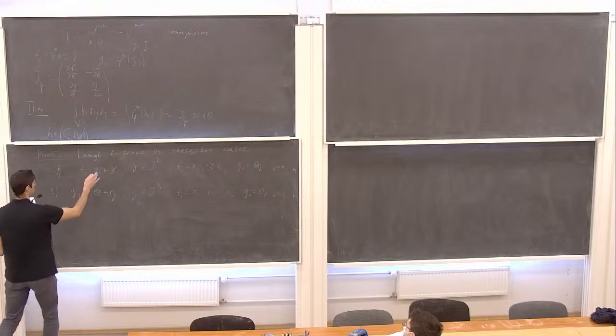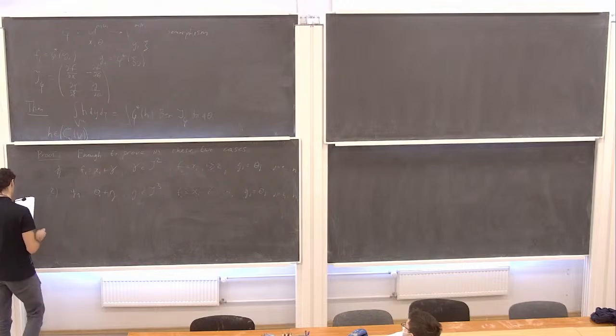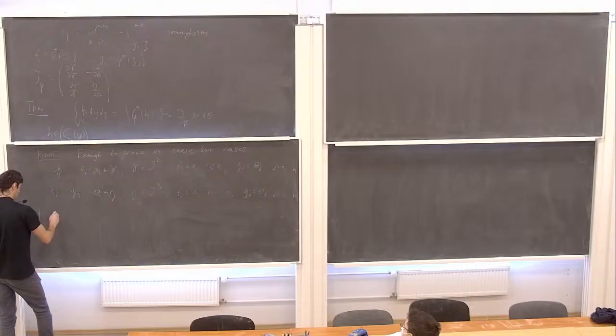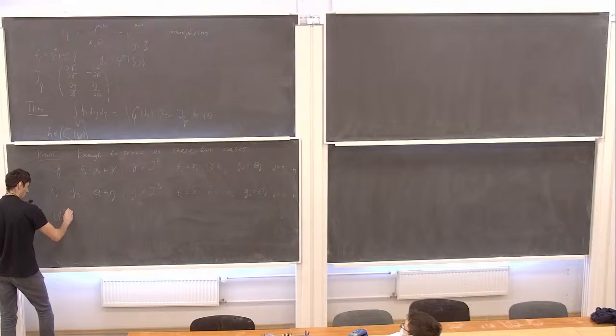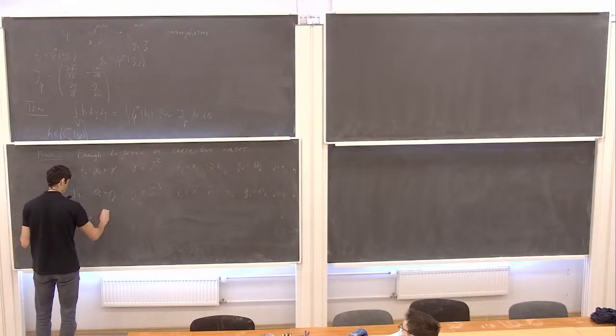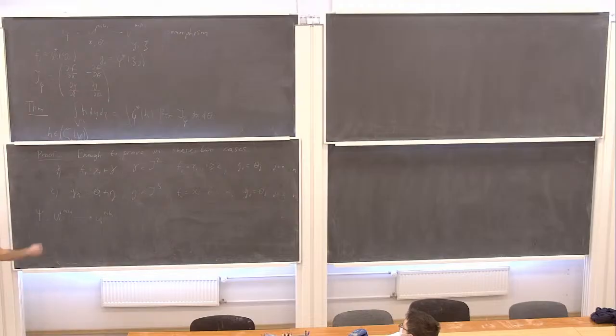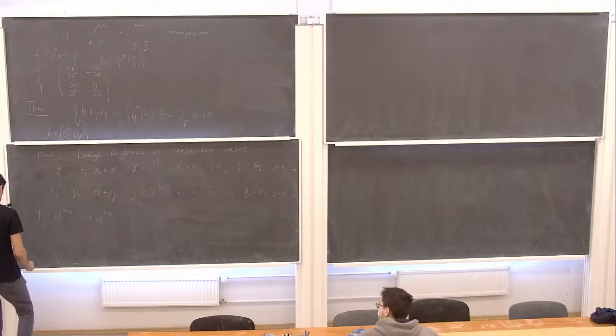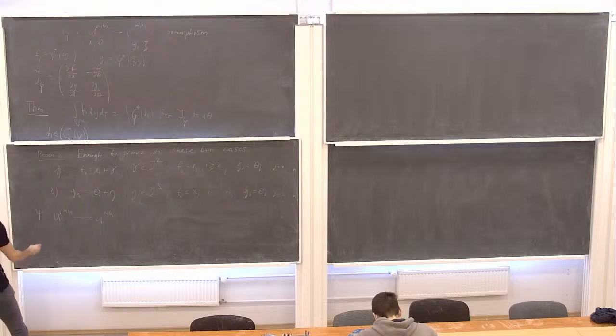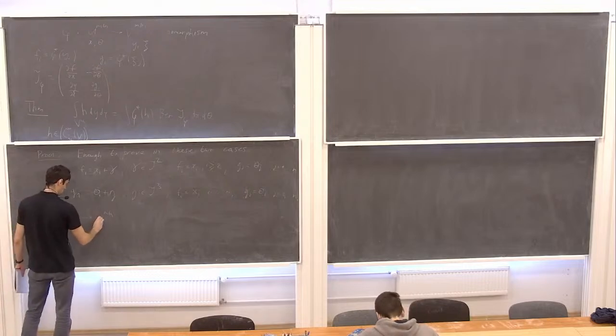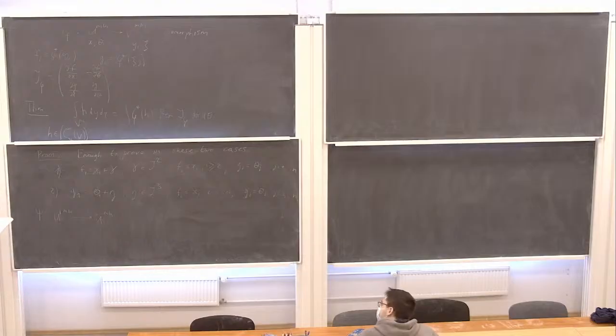I constructed some map psi from U' to U^{m|n}. Suppose that I have phi, our original map, and I wanted to precompose it with a certain psi. Psi I defined like this.